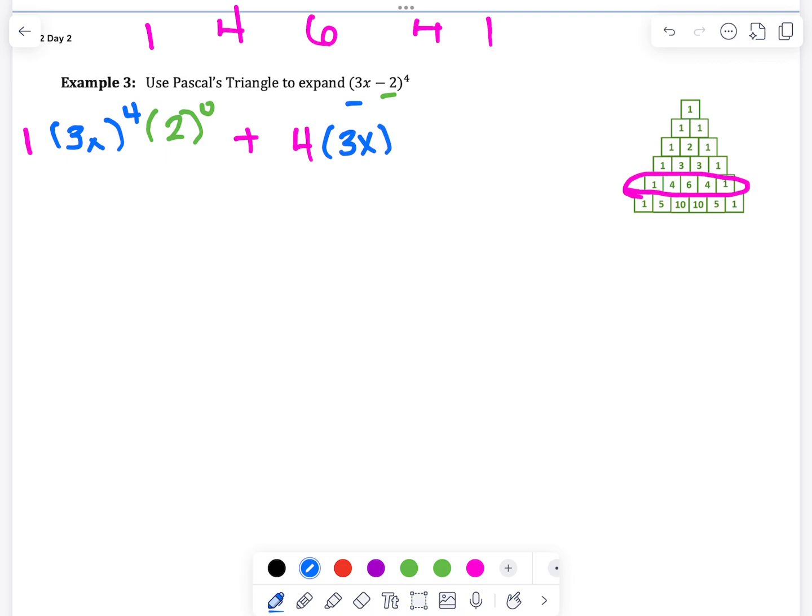3x to the third. So again, you're dropping that blue term by 1, and then you're increasing the green term by 1.